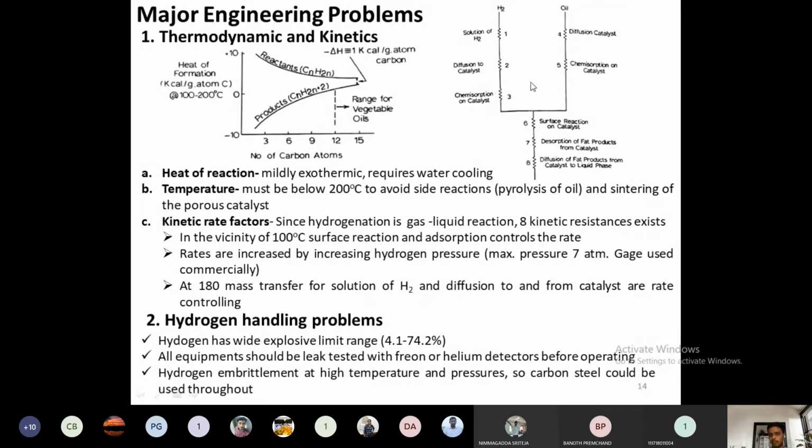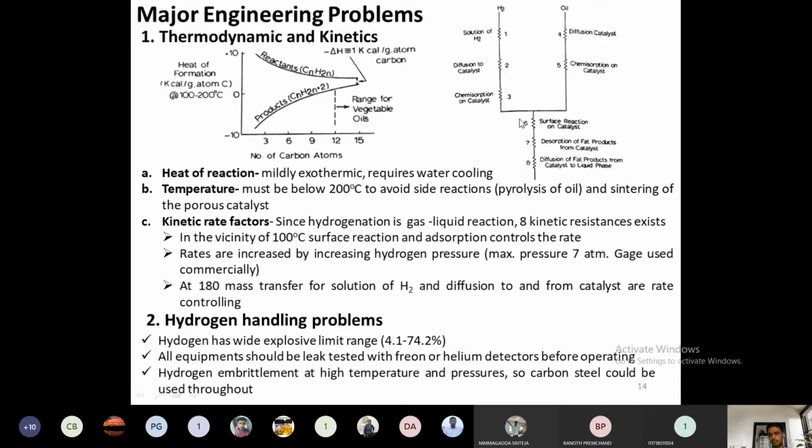Then, after the two reactants are adsorbed on the catalyst active site, a reaction will take place, which will act as the sixth resistance. Then this surface reaction will give you the product, fat. Oil plus hydrogen will give rise to fat.